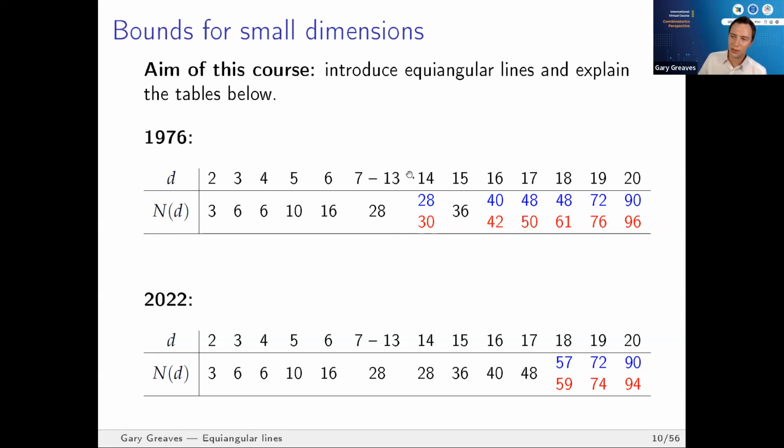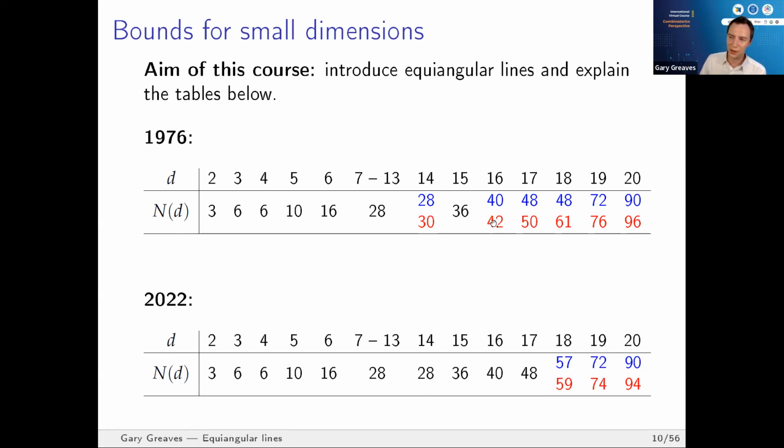And there was a lot unknown. The blue one gives us the largest construction. In 1976, the largest construction had size 28, but the best upper bound we knew was 30. So there was a gap here, but this has been answered now.